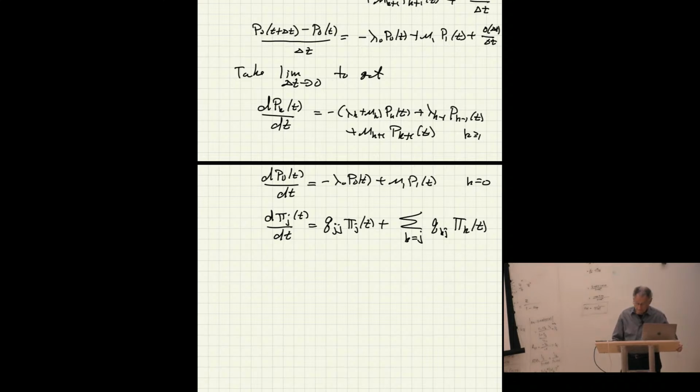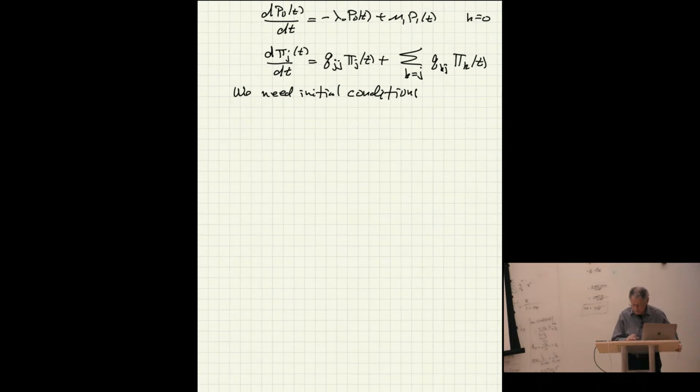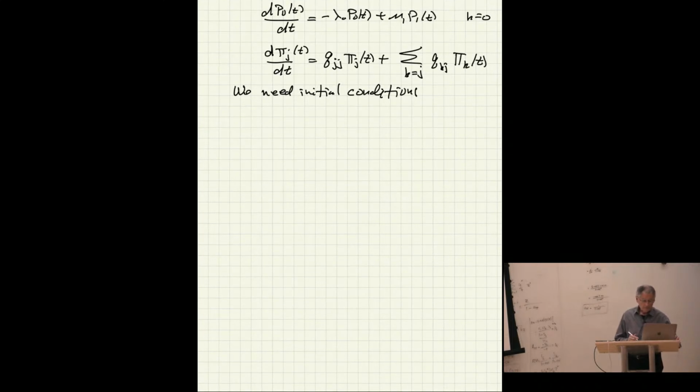Okay. Now we also need initial conditions if we're going to solve this set. Remember, this is simply for the birth-death process. So we need pk of 0 for all k's, k equals 0, 1, 2.